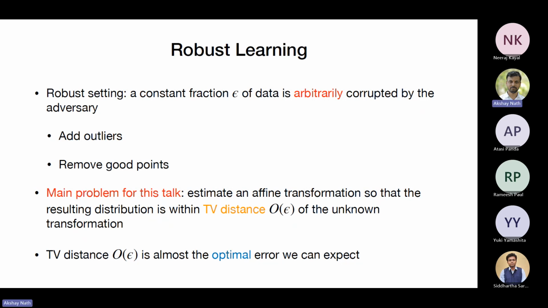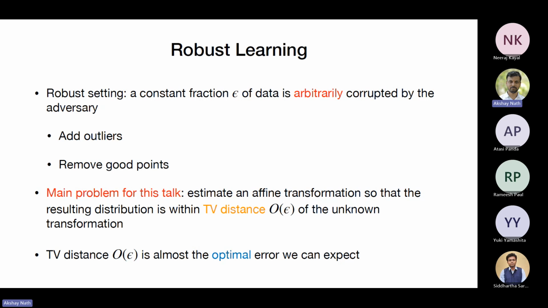Arbitrarily corrupted means that the adversary can do anything to our sample, but within the epsilon fraction. They can add outliers, remove good points, and they can first look at all our samples and decide to do either of these two kinds of things.